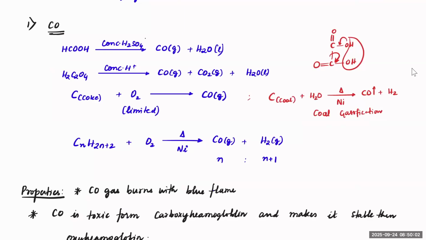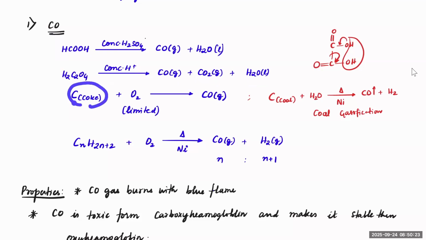Individually, if you notice the compounds, first carbon monoxide: if you try to dehydrate formic acid, water can be removed, and the remaining part is carbon monoxide. Oxalic acid, when you react it with concentrated H2SO4 to remove water, gives carbon monoxide, carbon dioxide, and water.